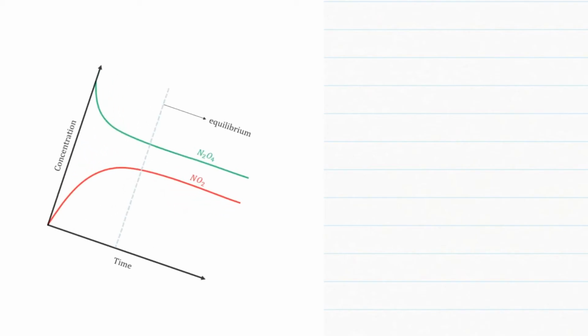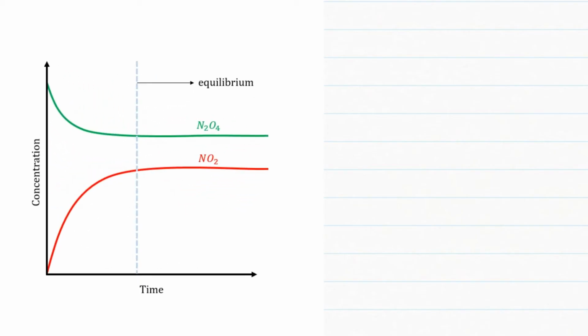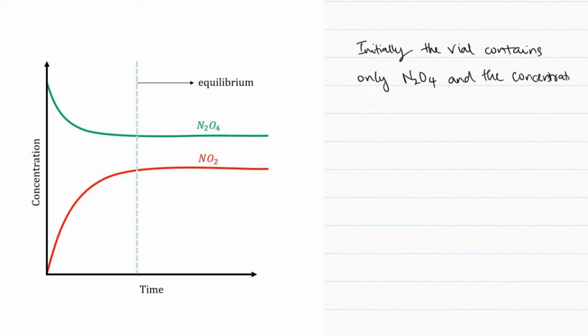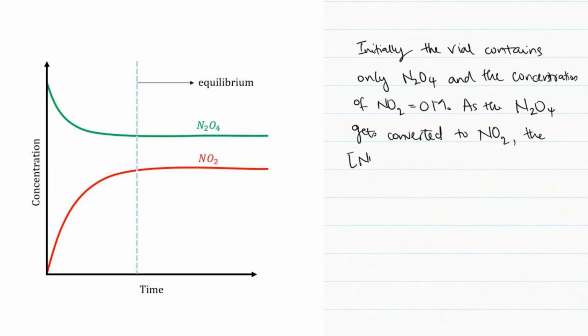The graph that they're looking for looks a bit like this, and the next question wants you to explain why it looks like that. Initially, the vial contains only dinitrogen tetroxide, and the concentration of the nitrous oxide is 0 molar. As the dinitrogen tetroxide gets converted to nitrous oxide, the concentration of nitrous oxide increases to a certain point and then it plateaus.